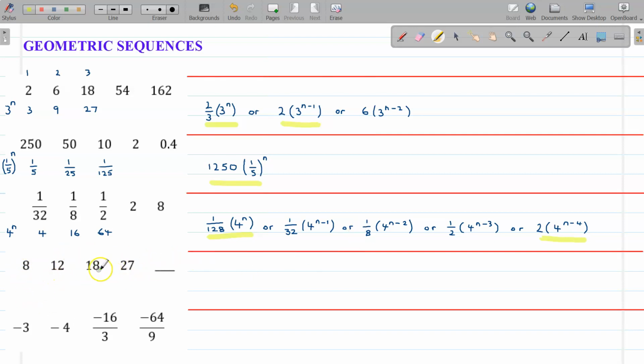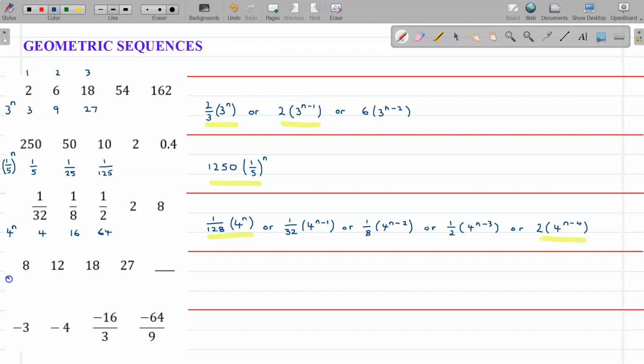Okay, and the next one. Now this is requiring a little bit more care because we've got an 8 going up to a 12, so it's not immediately obvious, but actually what you're doing is you're multiplying by 1.5. Now let's look at this as 3 over 2, so 1.5 is the fraction 3 over 2.